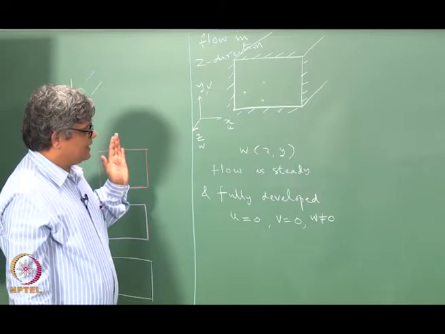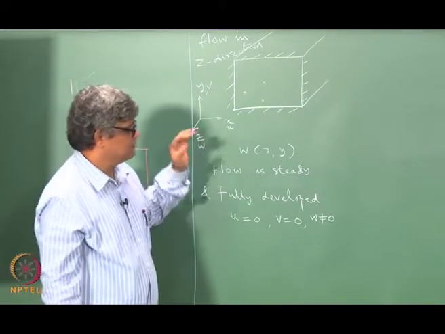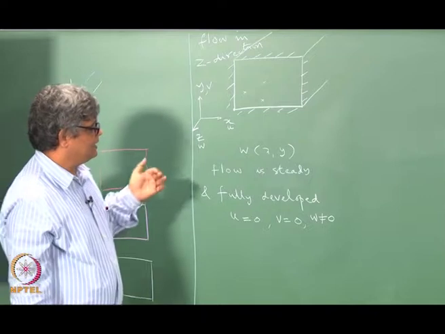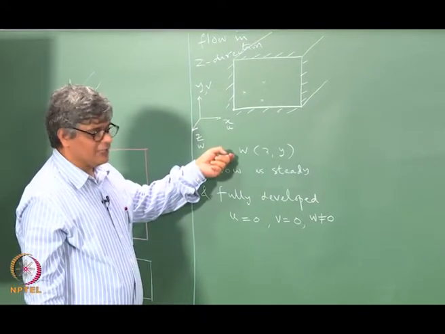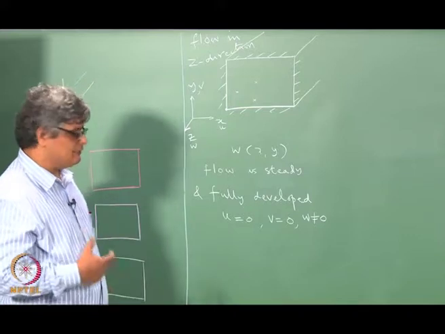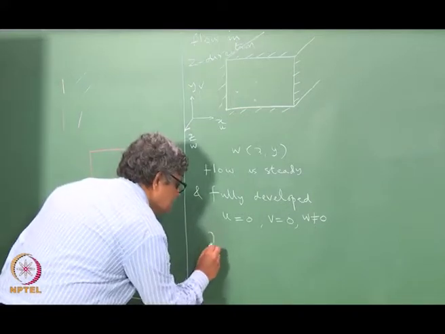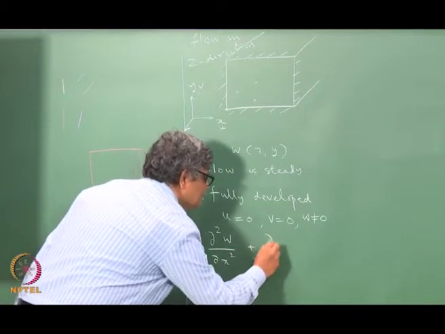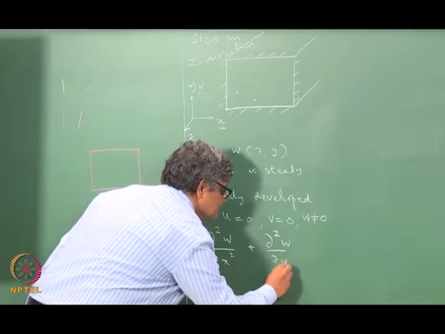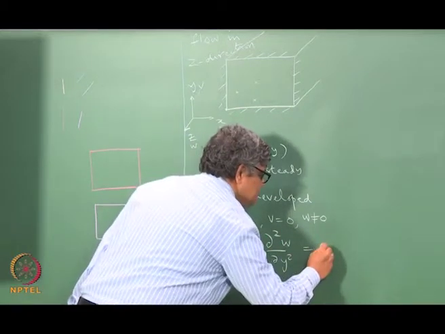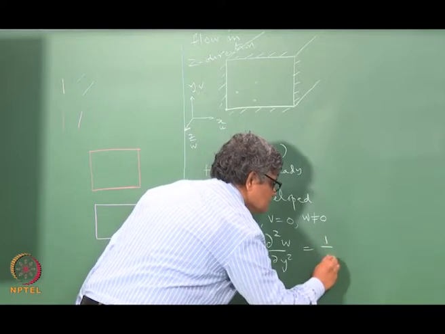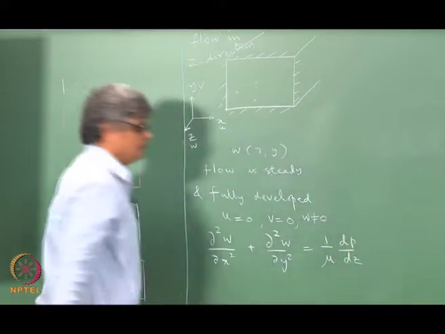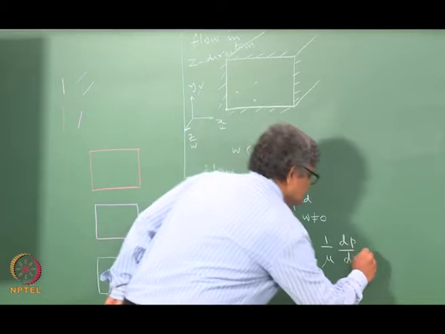Now, if you want to find out this, of course we can make measurements, but the idea is to calculate it, and we will see that the variation of the W component of velocity is given by a partial differential equation which can be written as del squared W by del x squared plus del squared W by del y squared equal to a constant which is 1 by mu dp by dz, which is a constant.